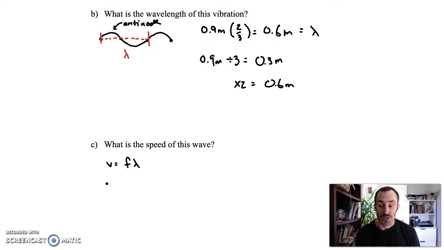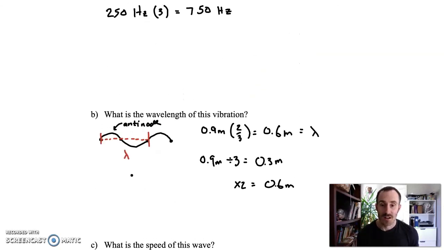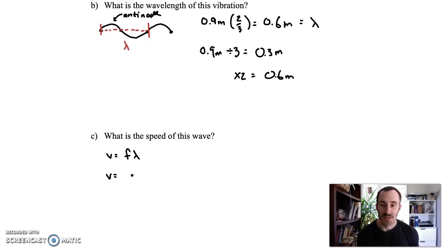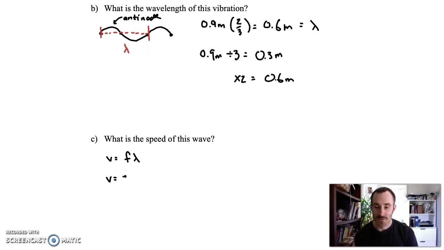And so we're just going to go speed equals the frequency of the third harmonic, which was 750 hertz, and the wavelength of that harmonic was 0.6 meters.